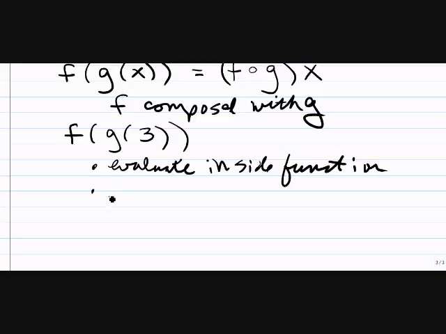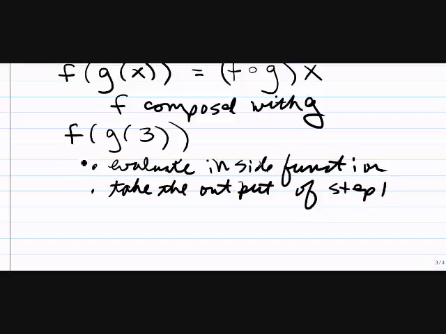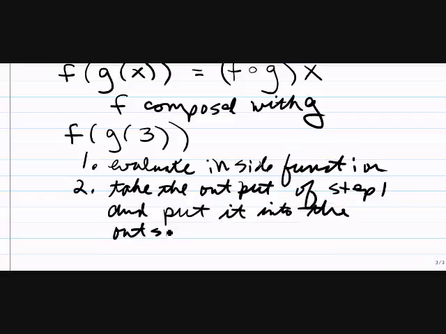And step 2 is to take the output of step 1, so I guess I should number these 1 and 2, and put it into the outside function and evaluate there.